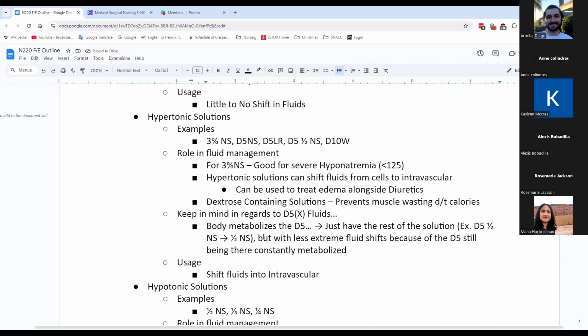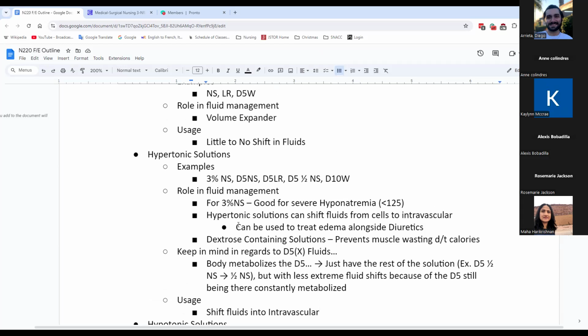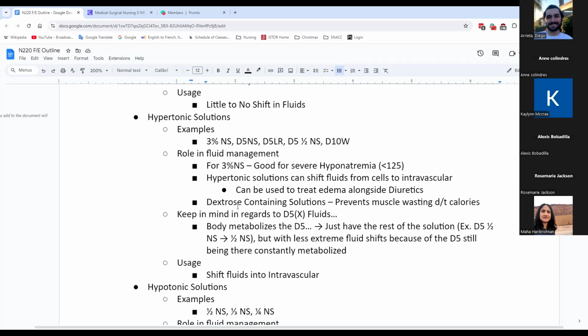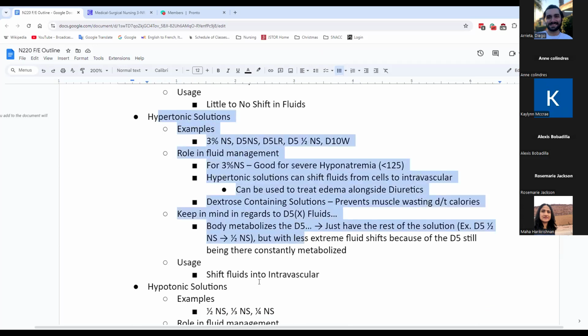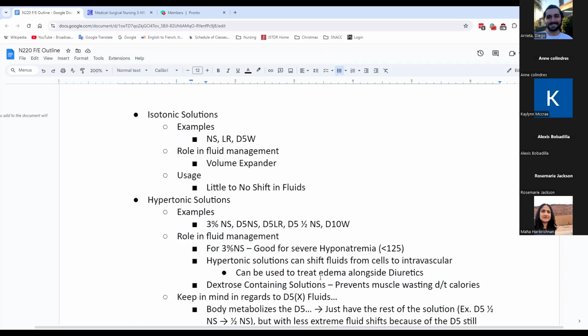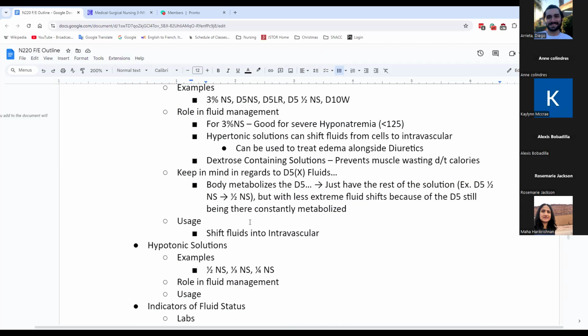We good on this? Any confusion on the hypertonics? Cool. And again, even though this is shifting things into intravascular, if someone has low blood pressure, you went over shock last week. So if someone's in shock, we're not bolusing them with hypertonic. We're giving them isotonic because it's a volume expander. It's not going to cause massive shifts.